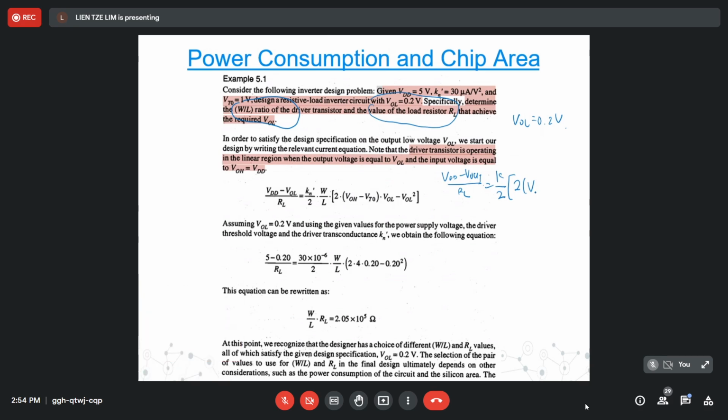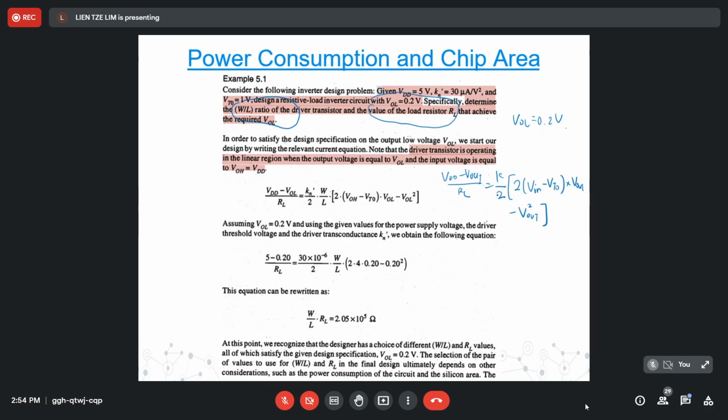This is the initial formula. You can refer back to the last few slides.